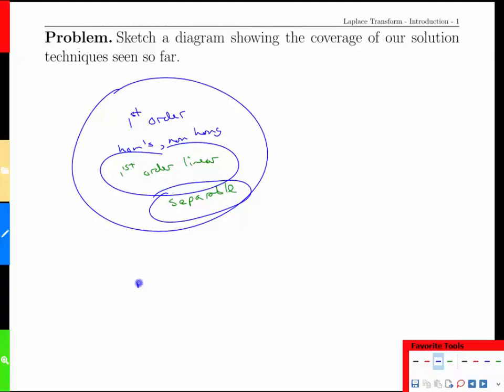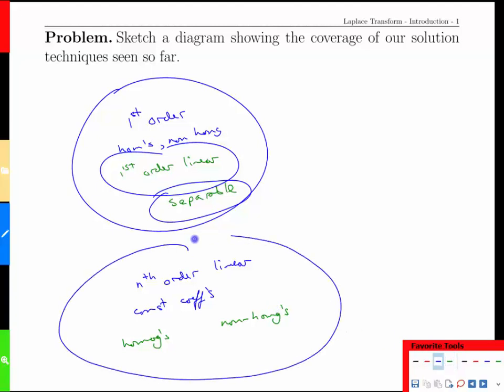We have also seen nth-order linear with constant coefficients. And for that, we've seen two types. We've seen the homogeneous, and we've seen the non-homogeneous now. And so that's a set.